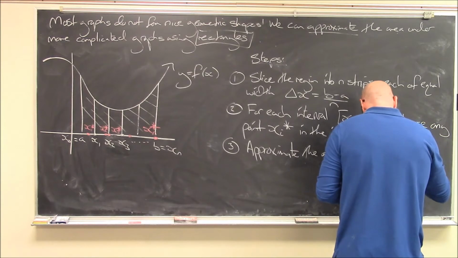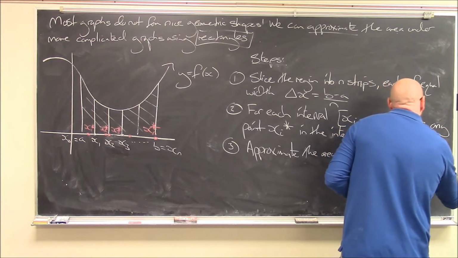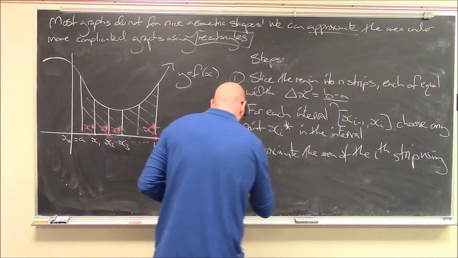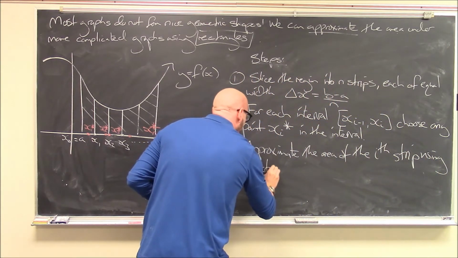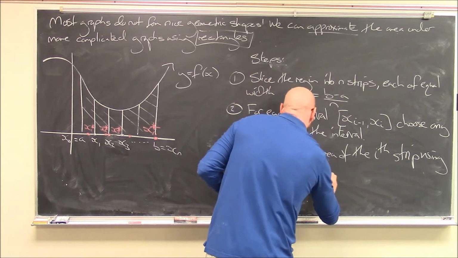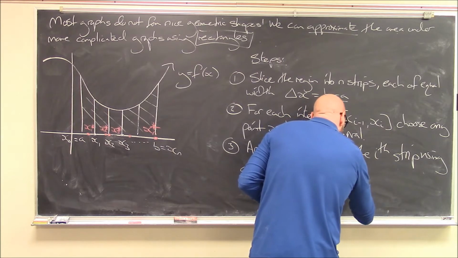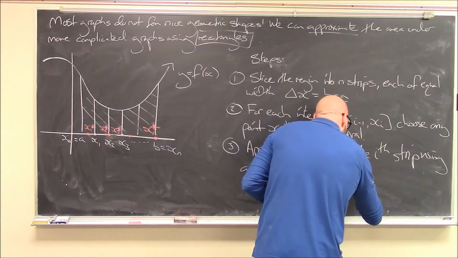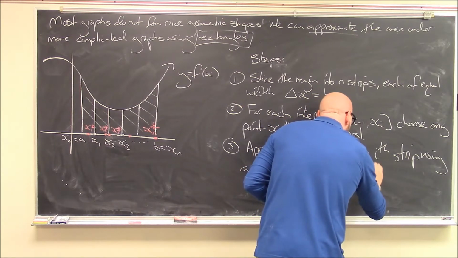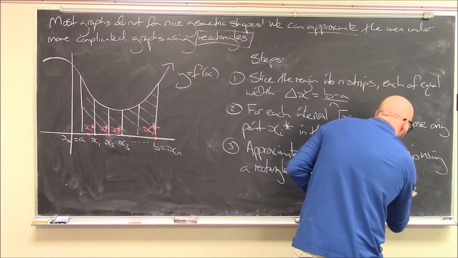Approximate the area of the ith strip using a rectangle of area. And the area is actually going to work out to be f of x sub i star times delta x.